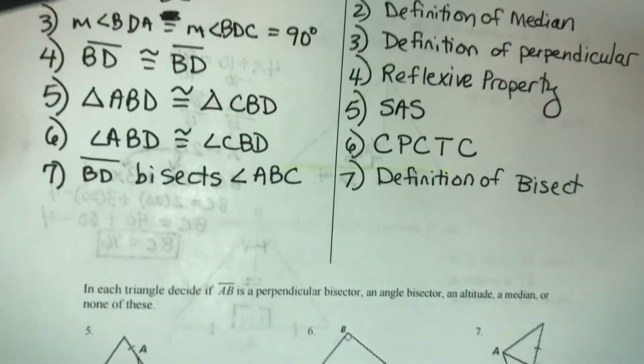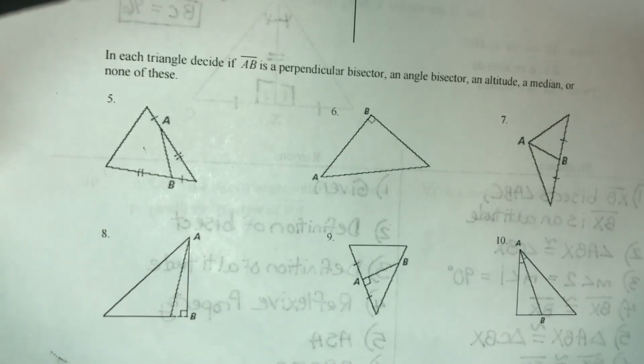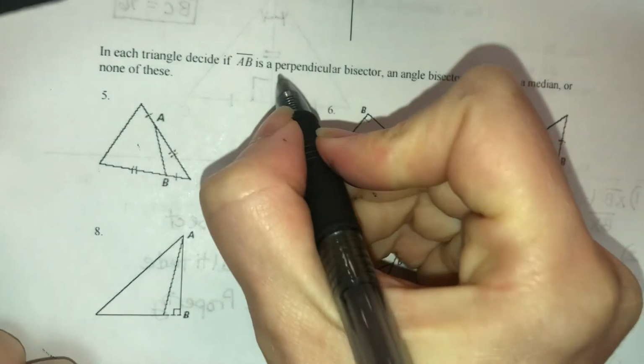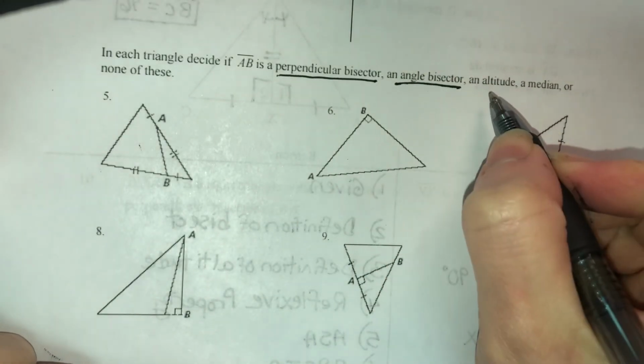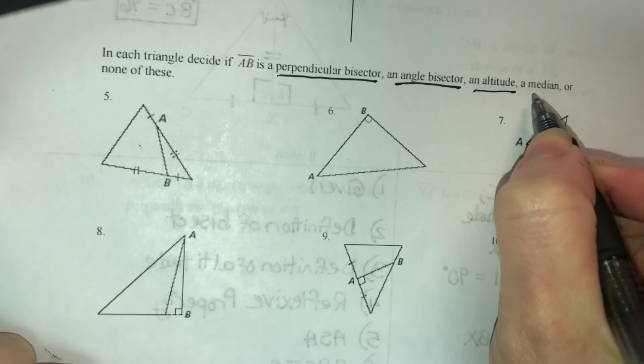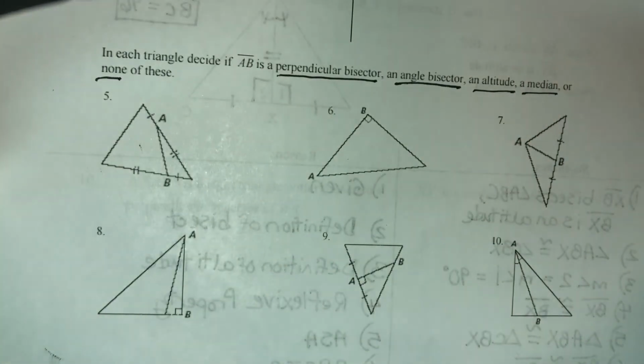Okay. Take a look at the bottom. It says, in each triangle, decide if segment AB is a perpendicular bisector, an angle bisector, an altitude, a median, or none of these.